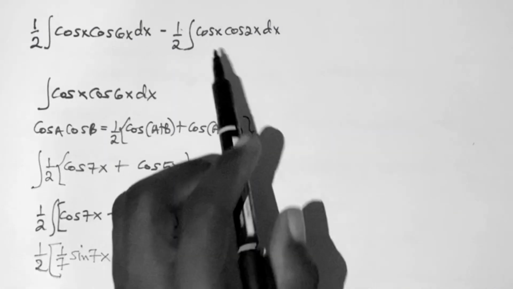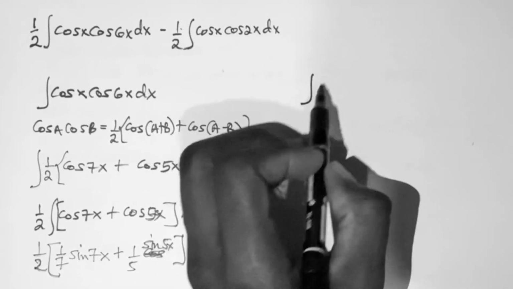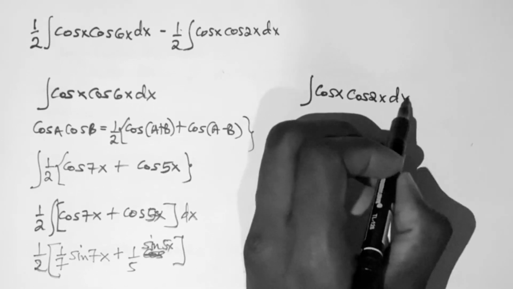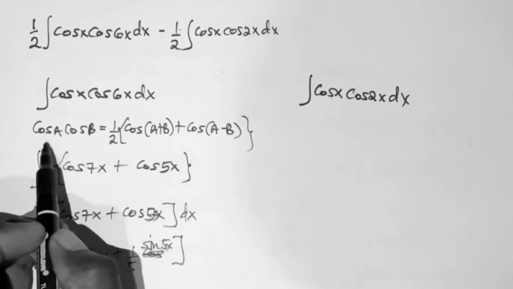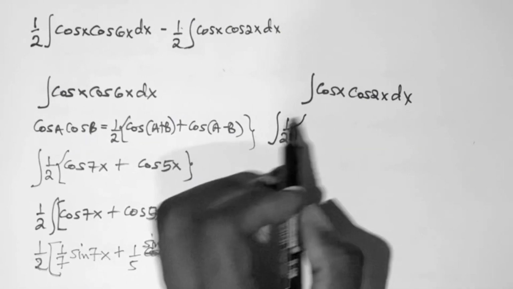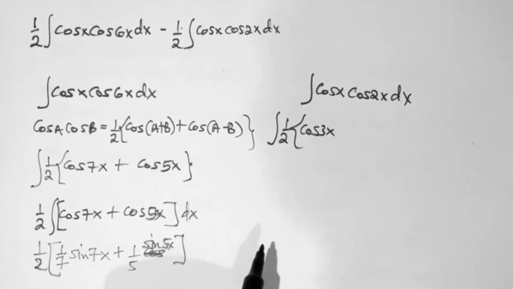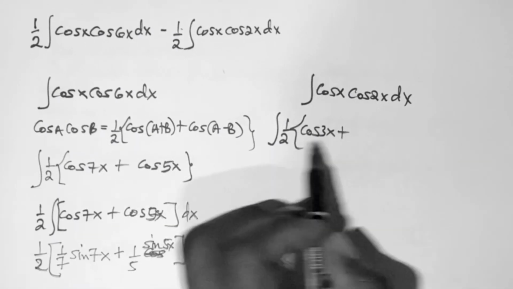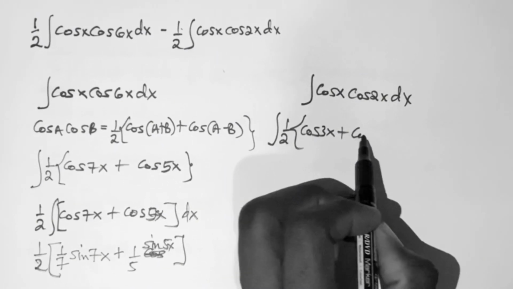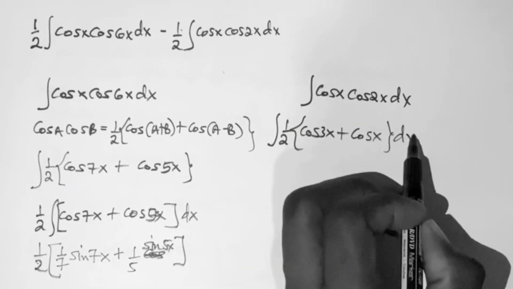So we are done with this part. Let's do the other part, which is the integral of cos x cos 2x dx. Using the same expansion, it becomes the integral of half of bracket open cos a plus b, which is cos 3x, plus cos a minus b, which is cos of minus x. But cos is an even function, so cos minus x is cos x, bracket close, dx.